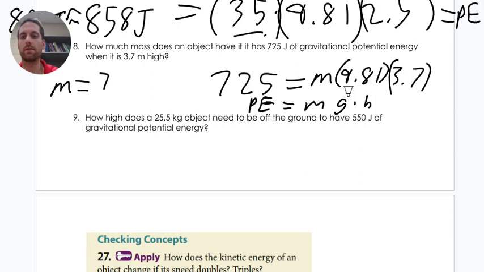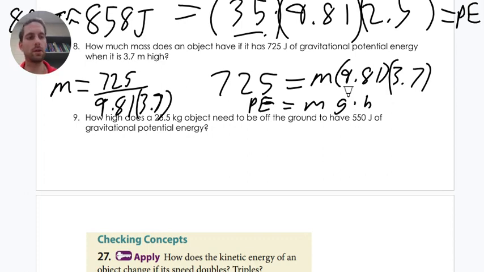So 725 over 9.81 times 3.7. So mass is 19.97 kilograms.